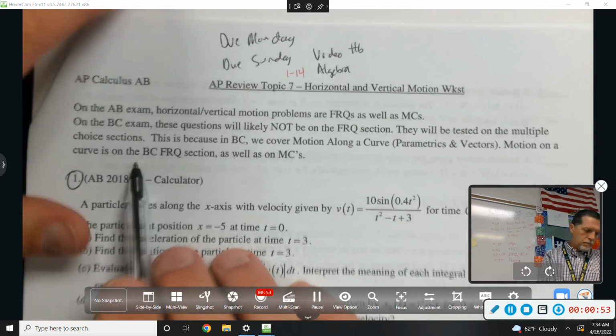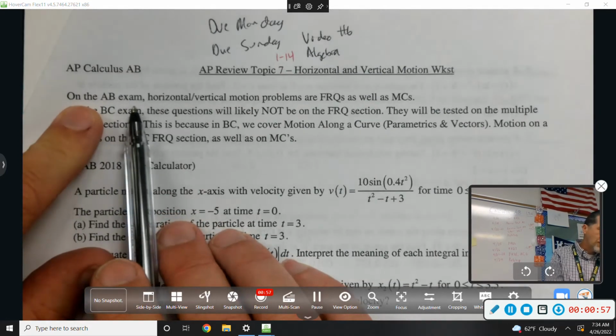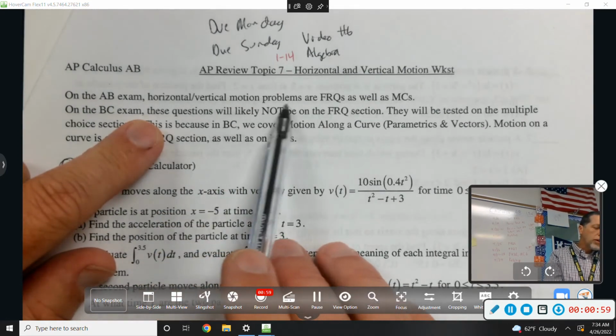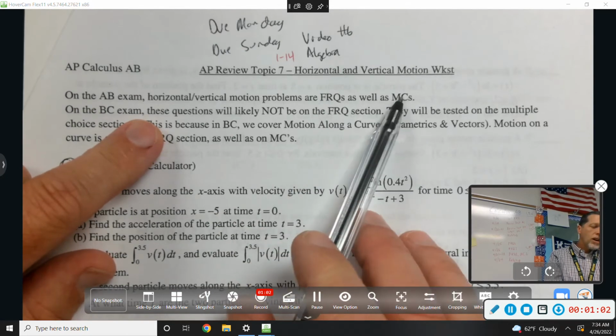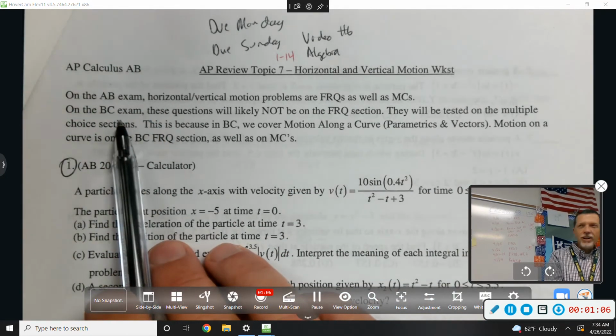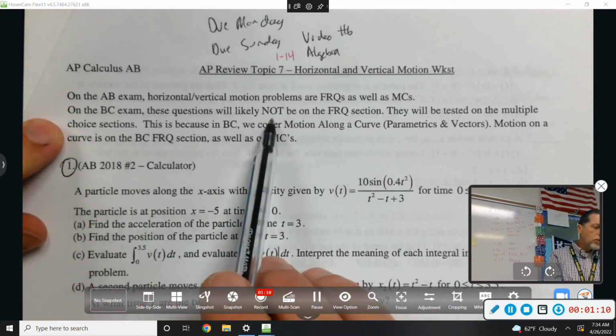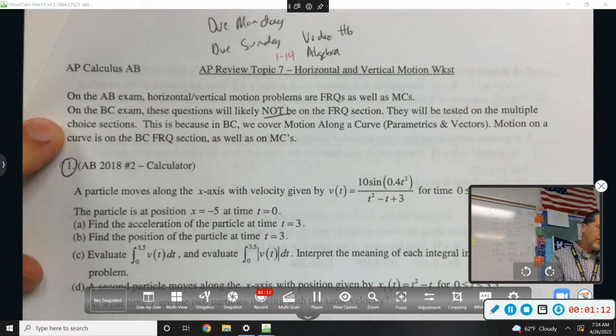Let's read this. This may be important. On the AB exam, horizontal and vertical motion problems are free response questions as well as multiple choice questions. On the BC exam, obviously you're not taking BC exam, but here's a little example of the difference between the two. These questions will likely not be on FRQ section.